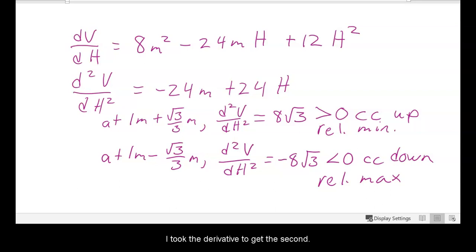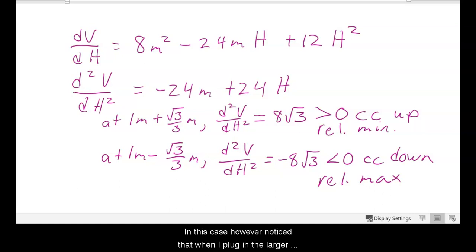I took the derivative again to get the second derivative. Notice that the h is still present. This means that I will have to plug in my two critical values into the second derivative using the second derivative test to determine whether it's concave up or concave down. If I get 0, then the second derivative test failed and I have to use the first derivative test.